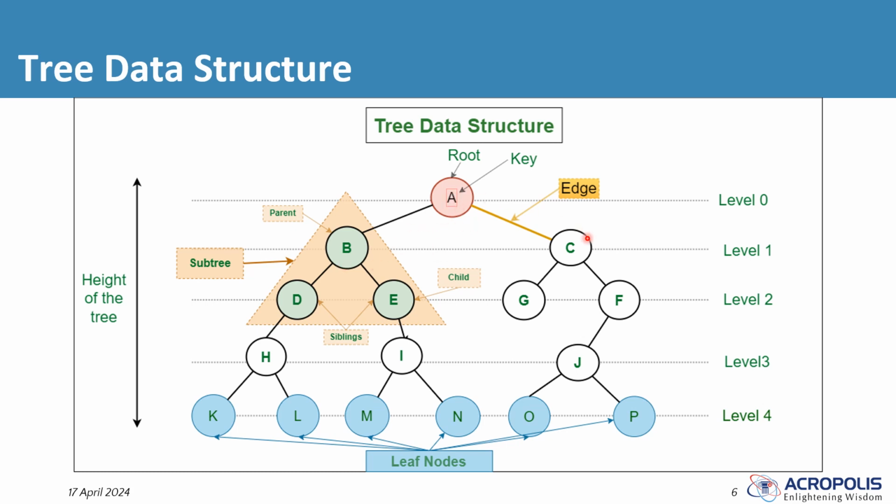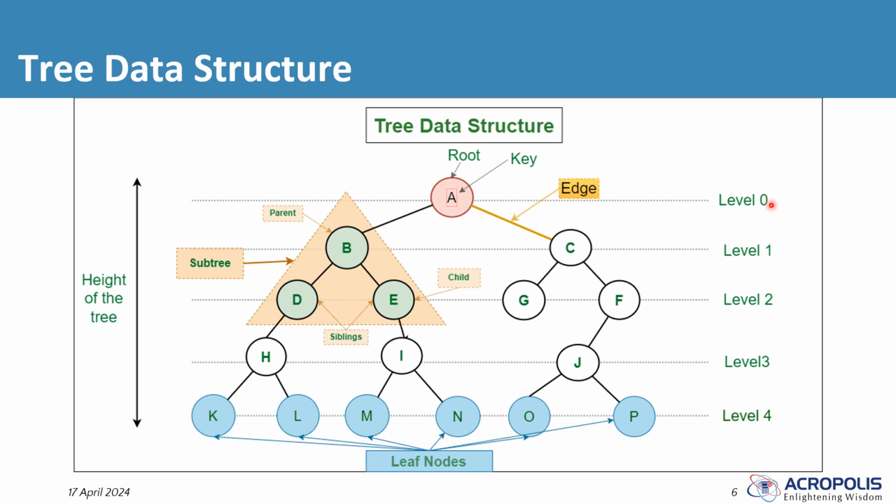These are its children, and this child is also called a parent because it has two children, and these two children are called siblings because D and E are siblings, and similarly C is a parent and G and C are his children, and they both, G and C, have a relationship of siblings, and similarly K, L, M, and O, P are the leaf nodes because they are at the bottom of the tree structure. And it also has levels.